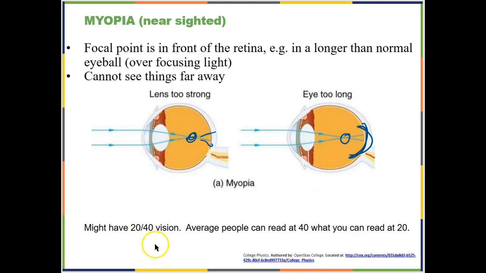So if you have bad vision, or not as good as average vision, right, 20/40, that means you have to be a maximum of 20 feet away from what other people can read from 40 feet. So 20/40, the 20 always means you can read from 20, and the second number means where can other people stand and still read it.